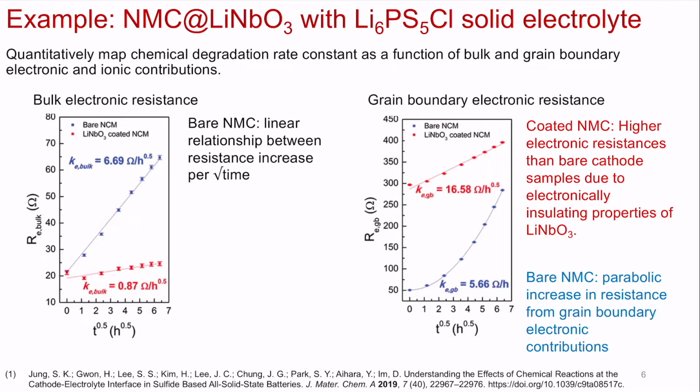And that is all because lithium niobate is electronically insulating. That's expected. The rate for the bare is actually increasing parabolically. So that's telling you that the chemical degradation is happening very fast. The kinetics is increasing, right, as a function of time.